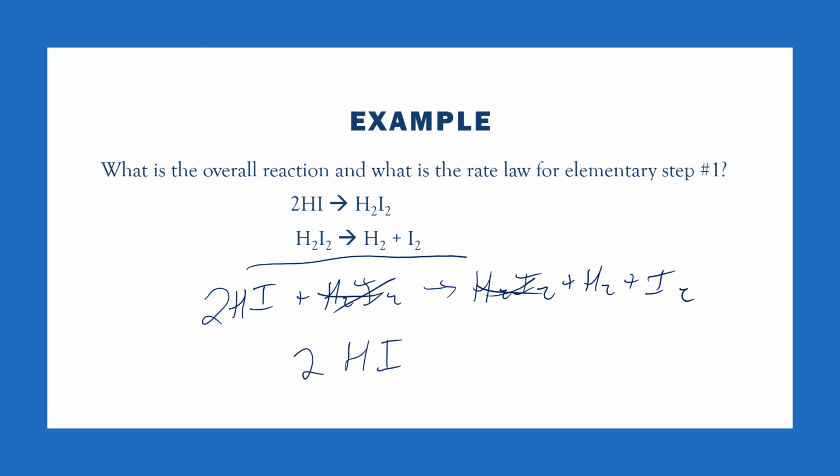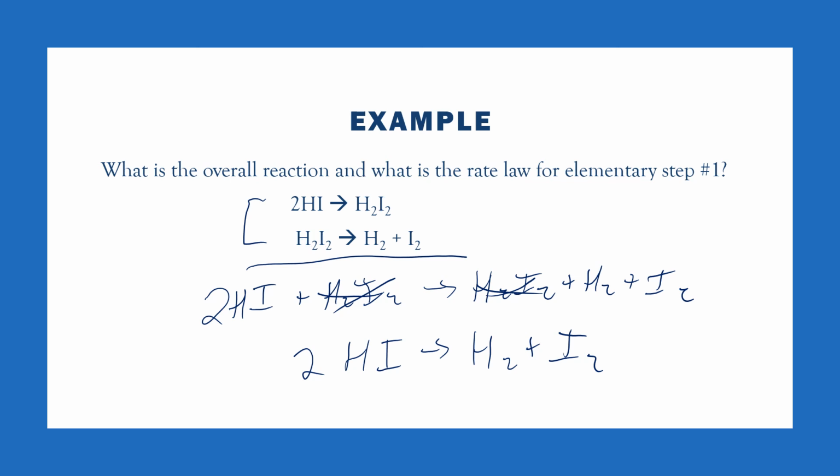Now you can do that part in your head if you want, but I'm just showing you so you can see what I'm doing. So there's my overall reaction. Now this overall reaction is bimolecular, but because they told us the mechanism, that it happened in 2 steps, that's fine. So we know that H2I2 is the intermediate because it was a product in the first step and then the reactant in the second step.